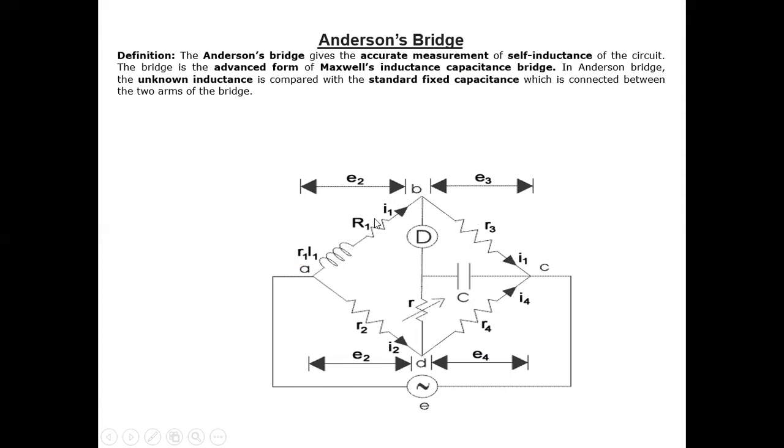R1 and L1 are connected in series. Between B and D, there is a variable resistance and the detector, and between C and the resistance there is a connected capacitor C.